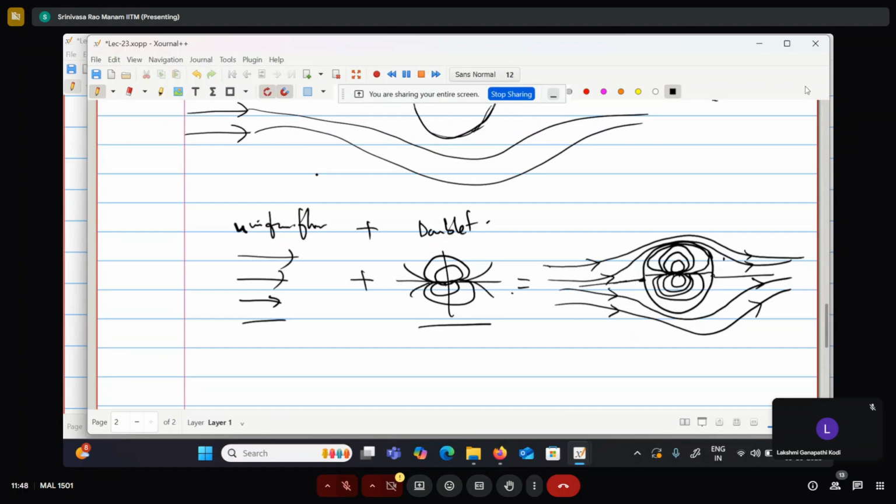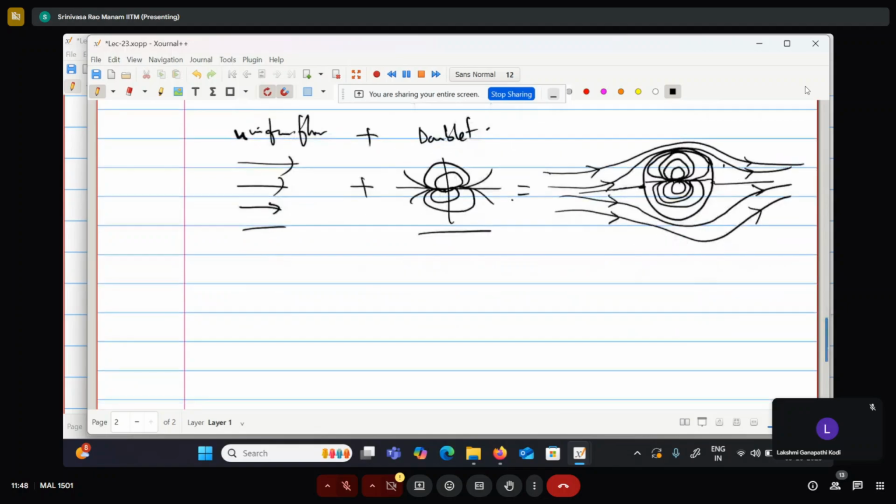We'll understand that through the stagnation points. What is the meaning of a stagnation point? To understand the flow, we are bringing in the concept of stagnation points. We are dealing only with polar coordinates, R and theta. So let's call this: that is where U_R of (R star, theta star) equals 0.